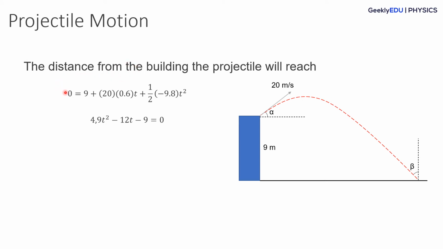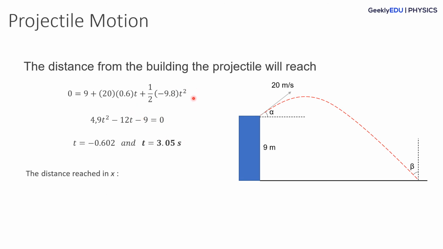Well, solving this, we reach a second degree equation. If we solve it for t, we have two numbers, a negative number and a positive number. Of course, we're dealing with time here, so only the positive number makes sense. So the time that it takes to reach the ground is 3.05 seconds.